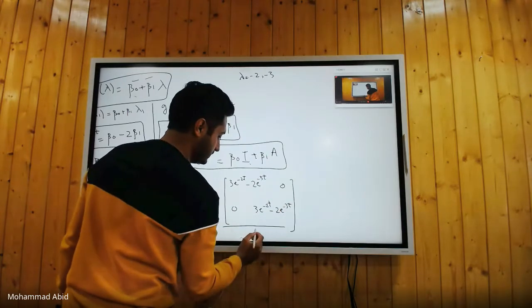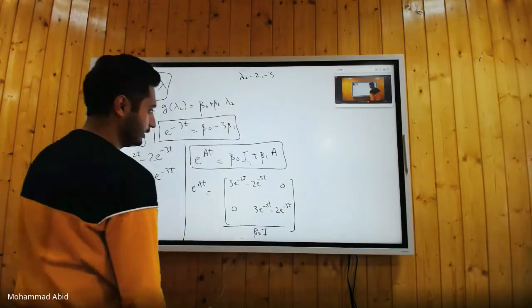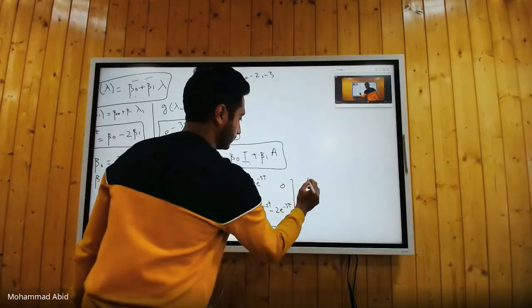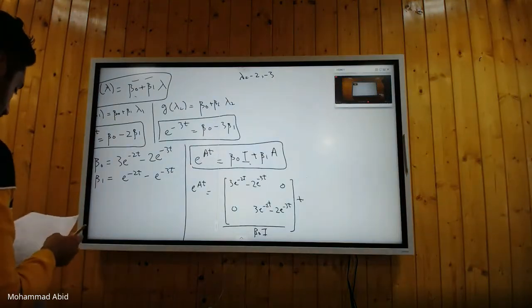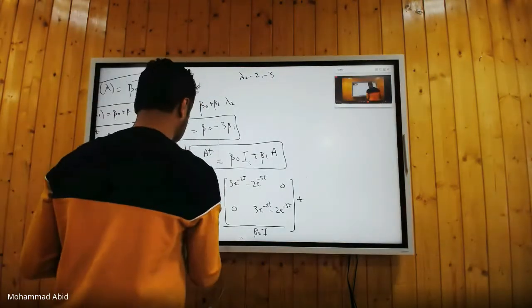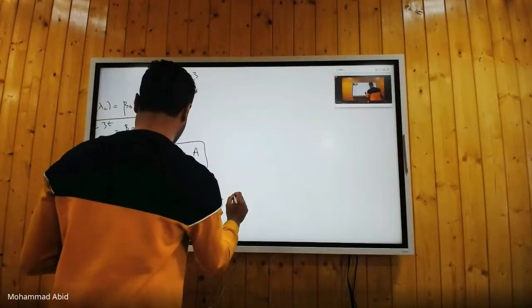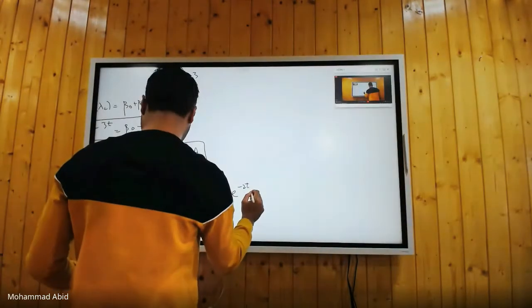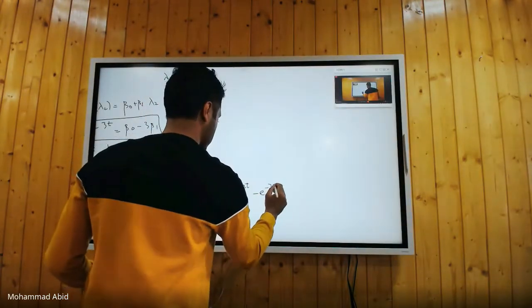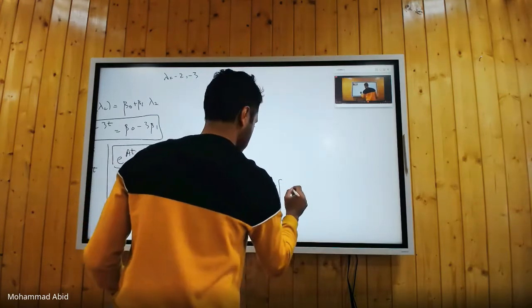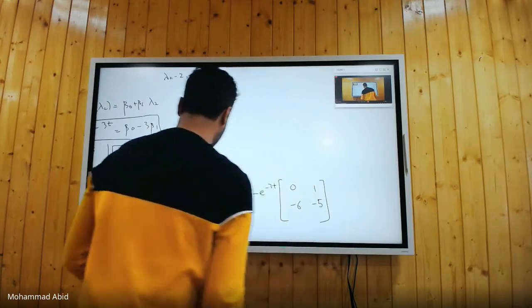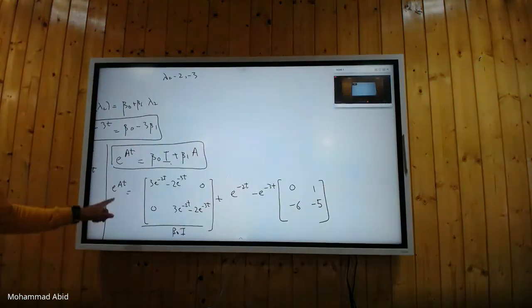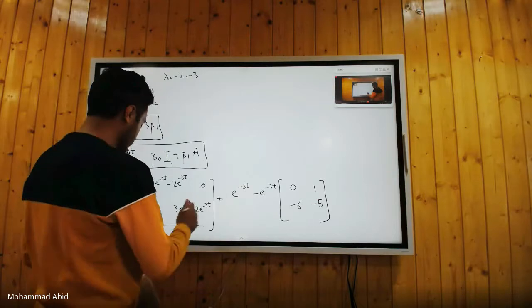This whole expression is beta naught I plus beta 1 times A. This is e to the power minus 2t minus e to the power minus 3t times your A. A is 0, 1, minus 6, and minus 5. Okay, so just do the summation and you will get your e to the power At.